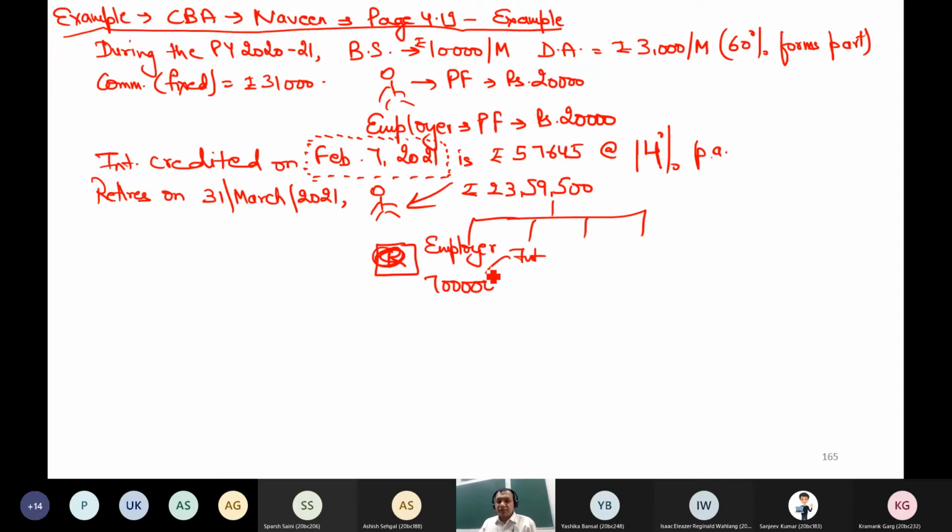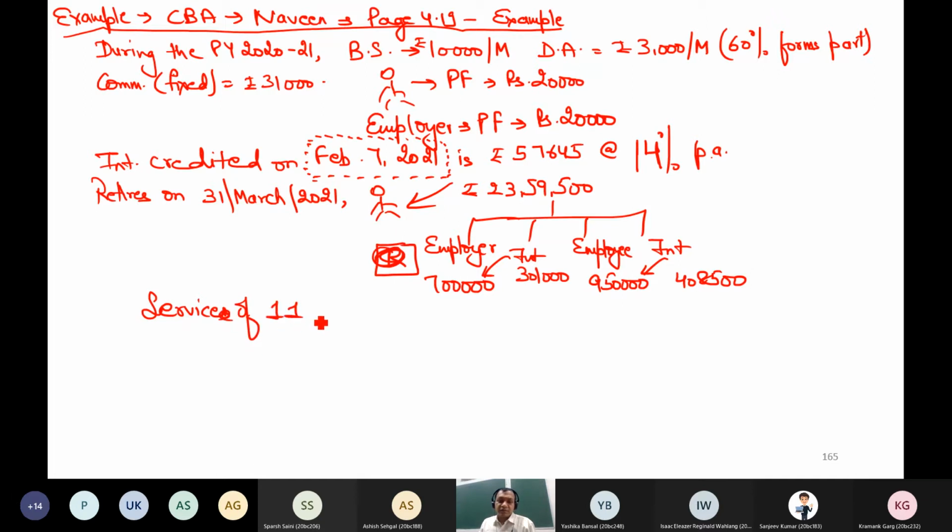Interest on employer's contribution is 3 lakh 1,000. Employee's own contribution is 9 lakh 50. And interest on employee's contribution is 408,500. He has retired after continuous service of 11 years. So his service was continuous, 11 years.